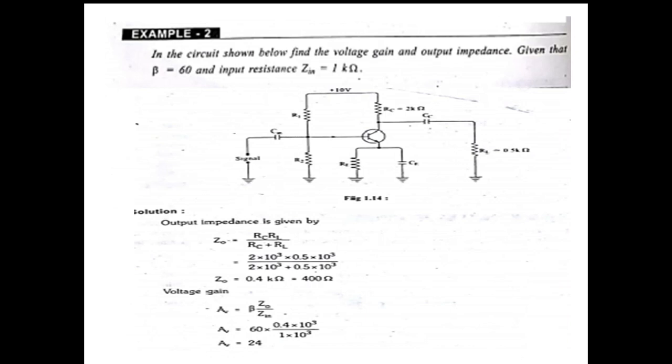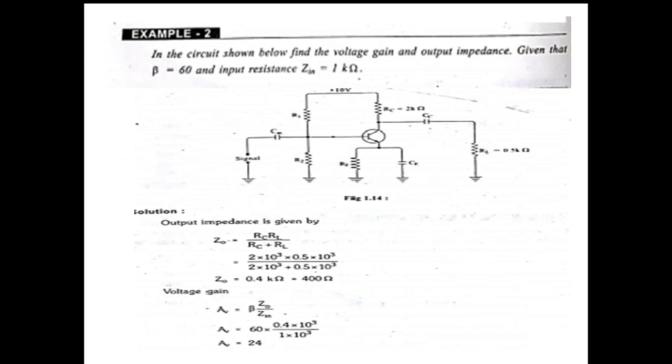Here 10 into 10 power minus 3, so 10 power minus 2 remains. Therefore it is 100 only, correct. Beta is equal to 100. By simplifying this, you will get beta is equal to 100. So AV is equal to 165. So it is very simple like this. Direct substitution here. All the values are given in the problem itself. No need of circuit diagram.